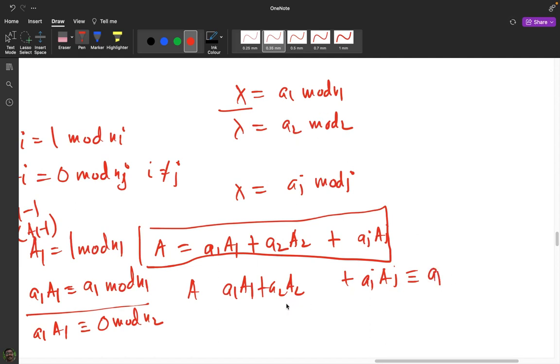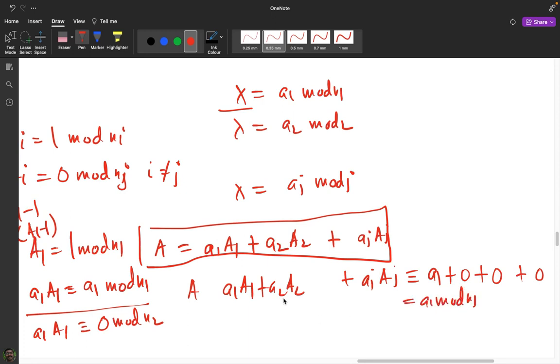For A2, n1 is already a factor of A2, so the remainder would be 0. Again, for the next one, the remainder would be 0. Similarly, when I divide AJ by n1, the remainder would be 0. So I will be getting this as A1 mod n1.